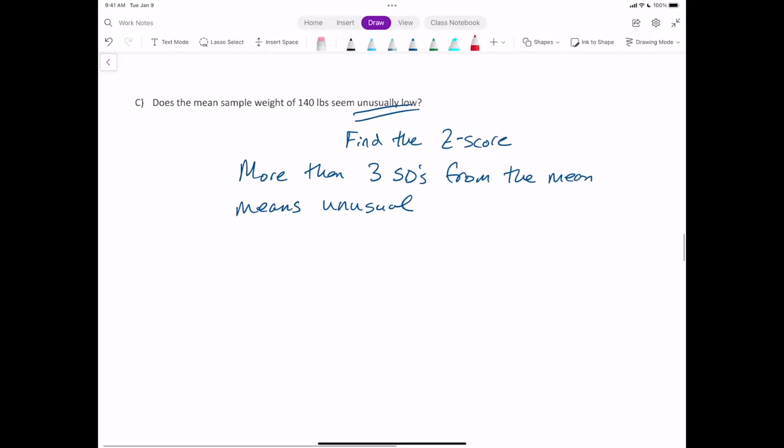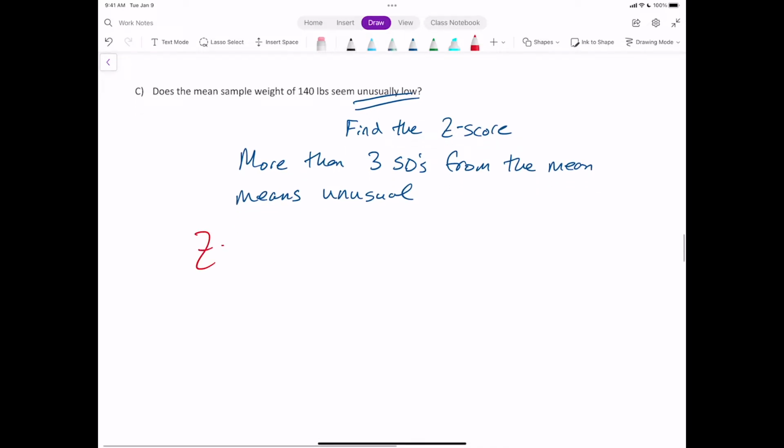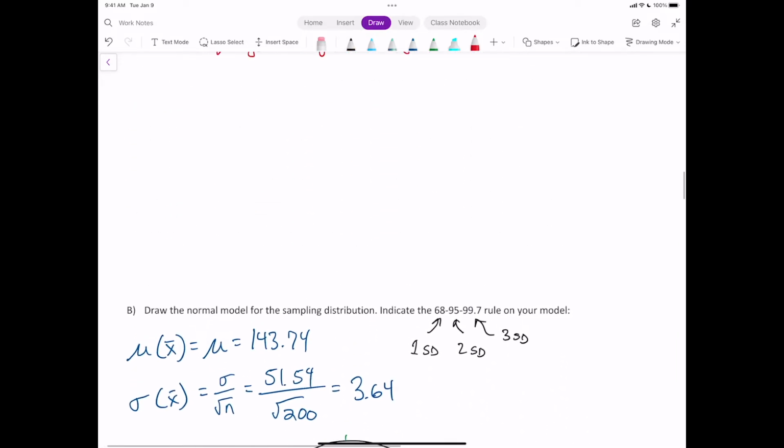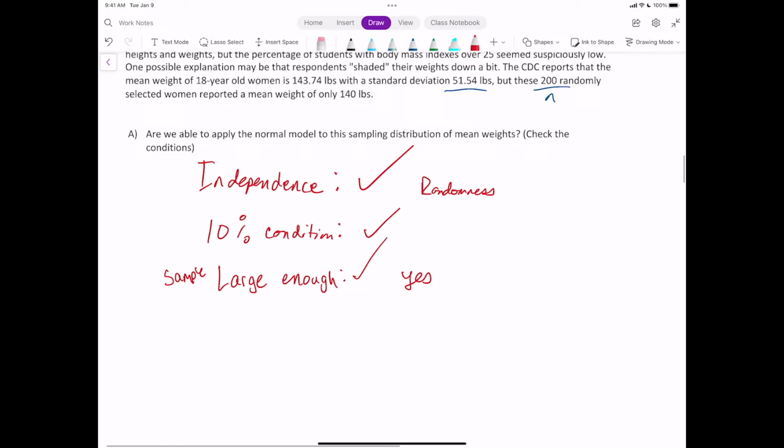So how do I find a z-score for a sampling distribution? Well, here is the formula, right? Z-score is always your data value. So what's the data value in this case? It's the sample mean from those 200 women minus the mean of the sampling distribution divided by the standard deviation. And we have all of this information, right? So what was the mean weight for the 200 women? It was 140.